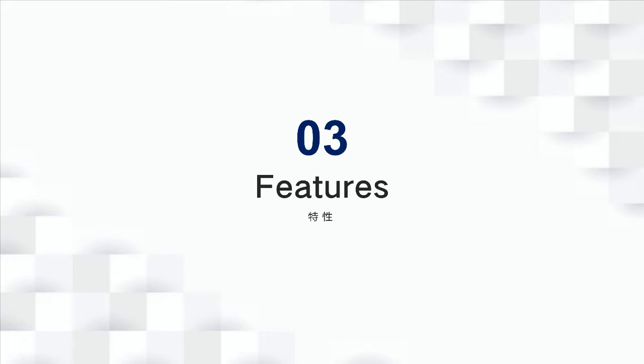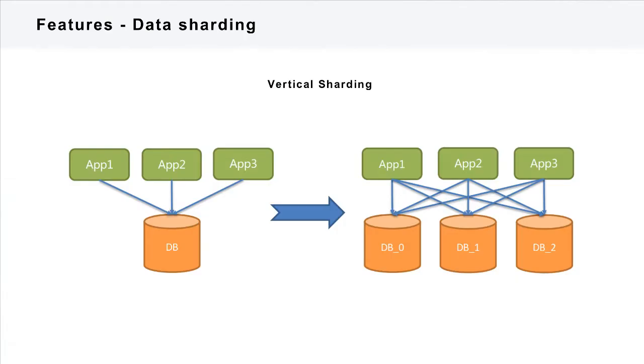Sharding methods can be divided into vertical sharding and horizontal sharding. According to business, the sharding method is called vertical sharding, the core concept of which is to specialize databases for different uses.